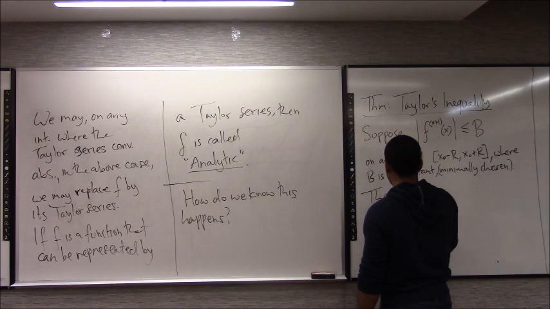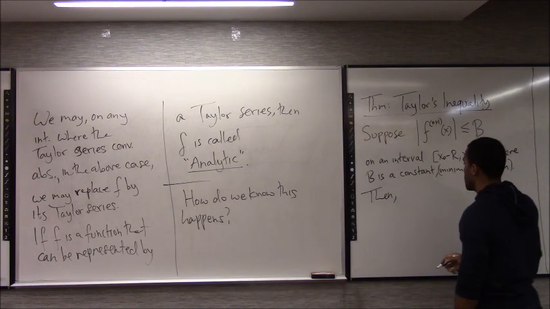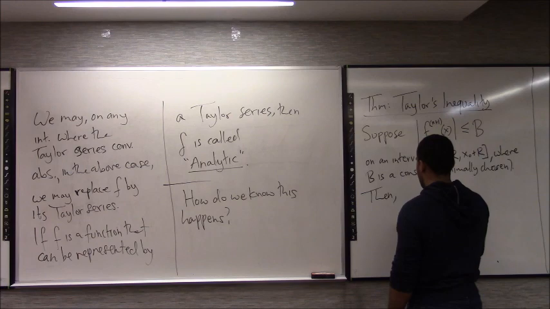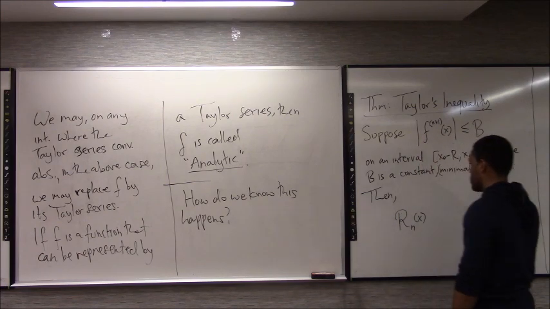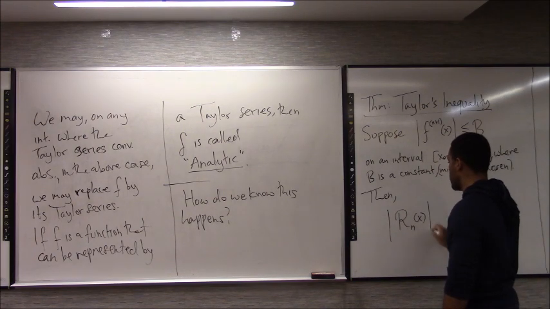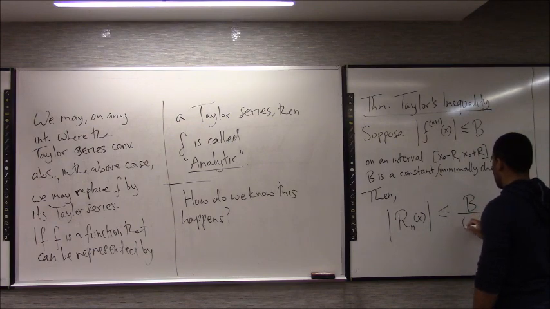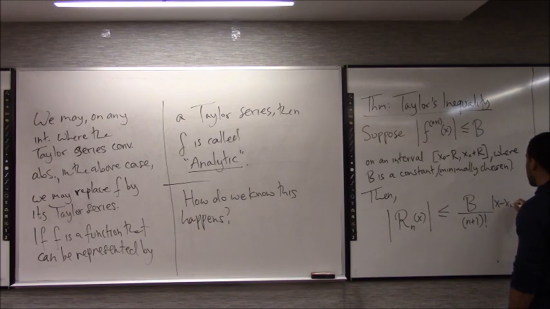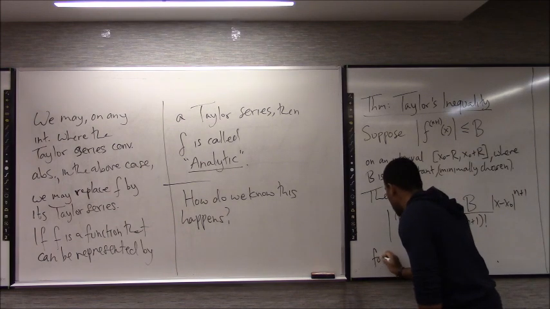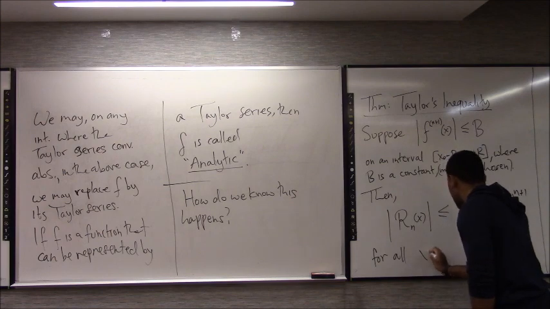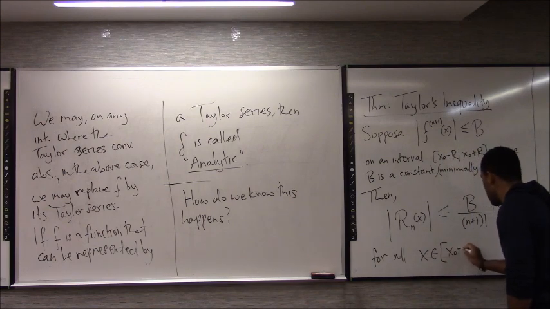Then the remainder term will be in magnitude less than or equal to b over n plus 1 factorial times x minus x naught to the n plus 1, for all x in the interval above.